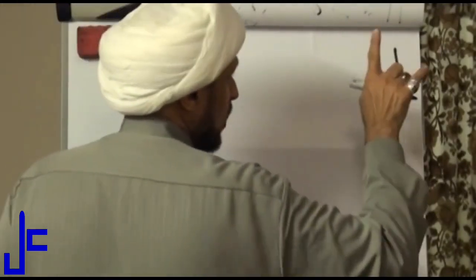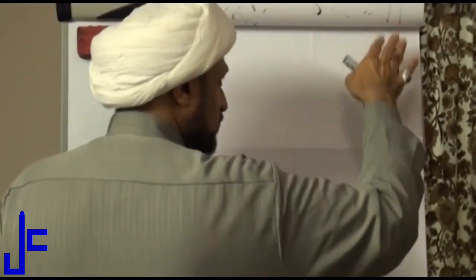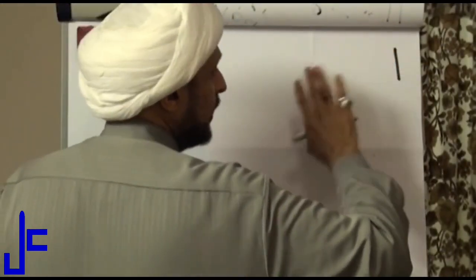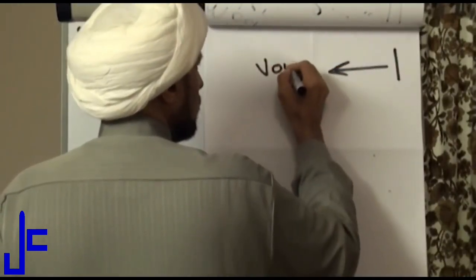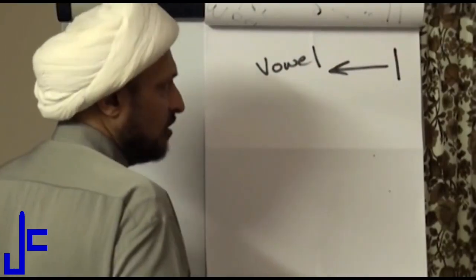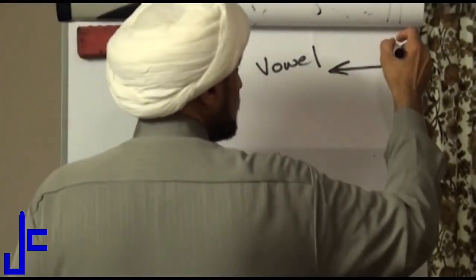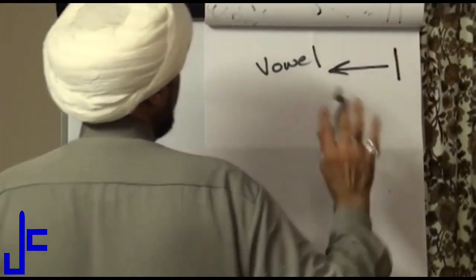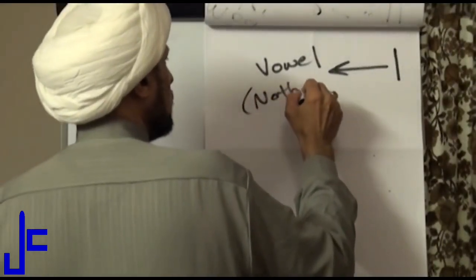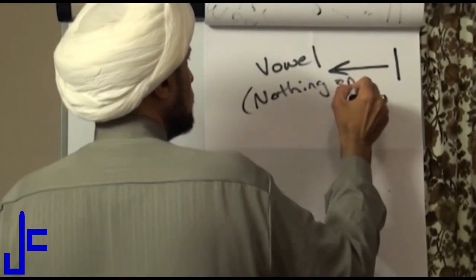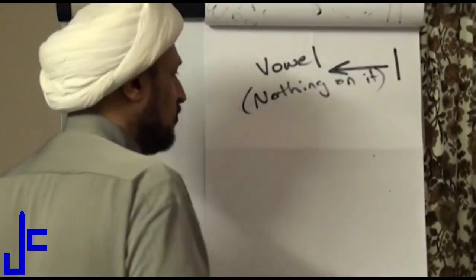It's written alif, but it's the R sound. It's not a consonant. It's a vowel. Whenever alif has nothing on it, it's a vowel.